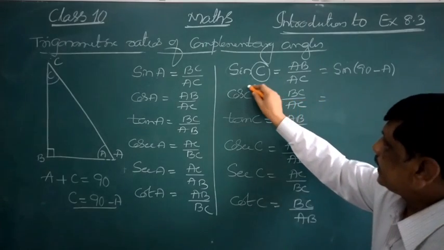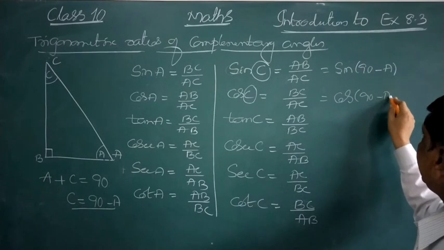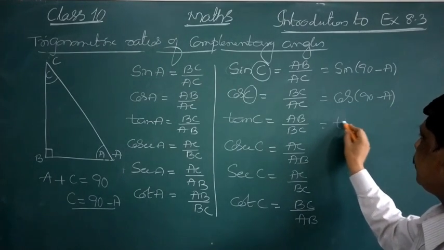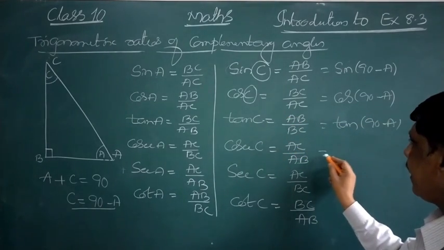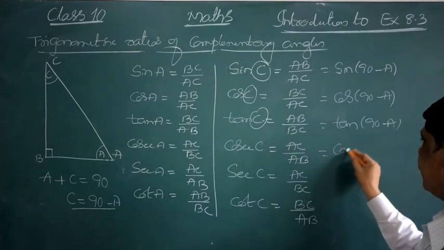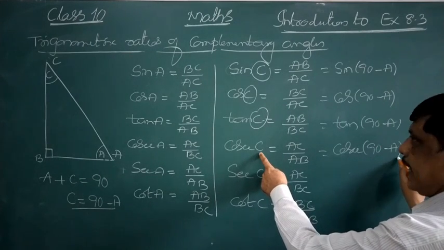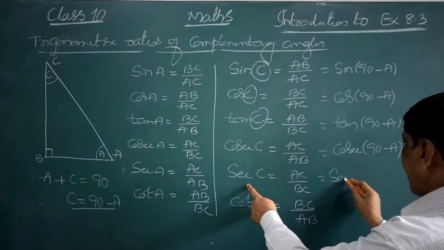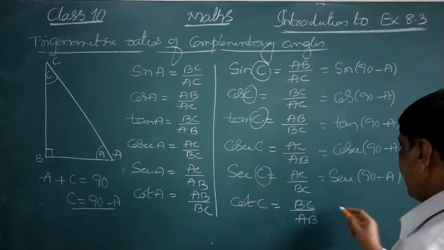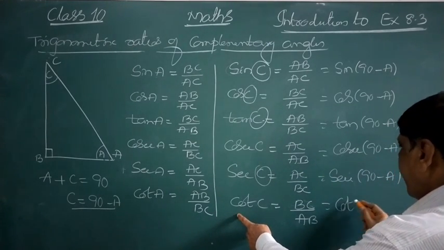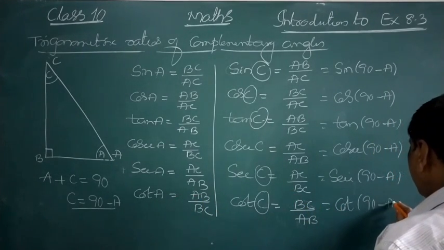Next, similarly, this C I am going to replace as 90 minus A, cos of 90 minus A. Next, you write tan as it is, you replace C as 90 minus A. Here also cosecant, you replace C by 90 minus A. Next, you write secant, you replace as 90 minus A, and cot, you replace C by 90 minus A. Is it right?